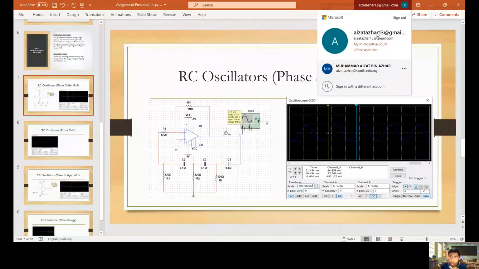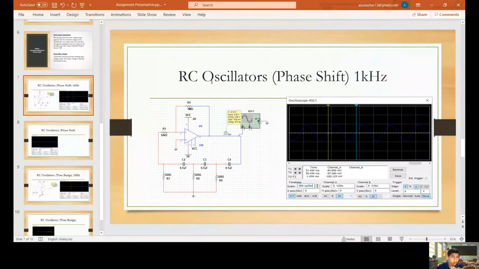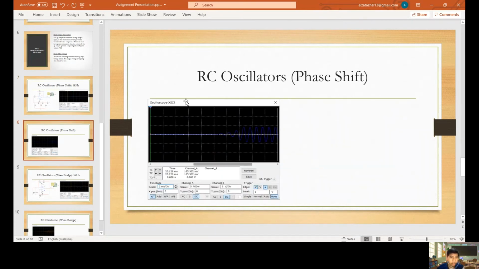We will analyze the circuit. So for the RC phase shift oscillator, for 1 kHz, this is the design for the phase shift oscillator, and this is based on the oscilloscope.